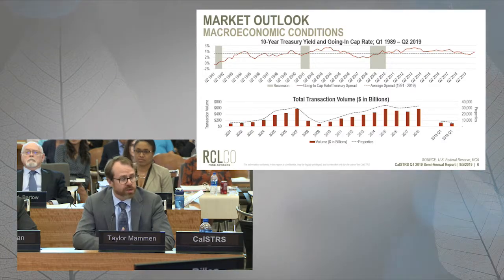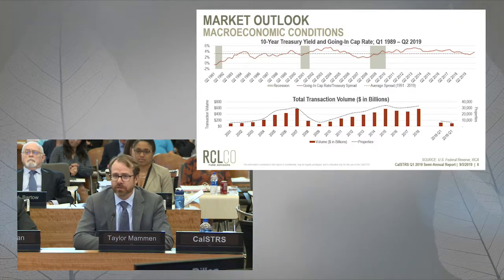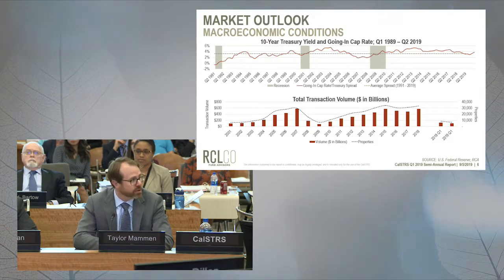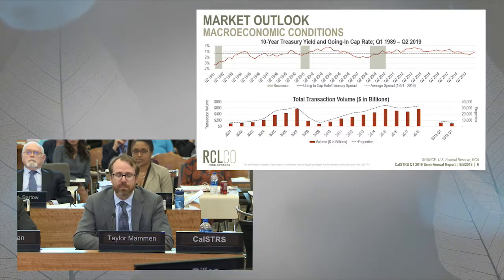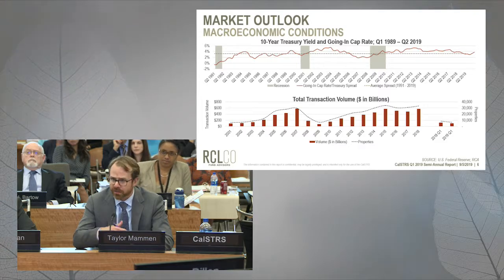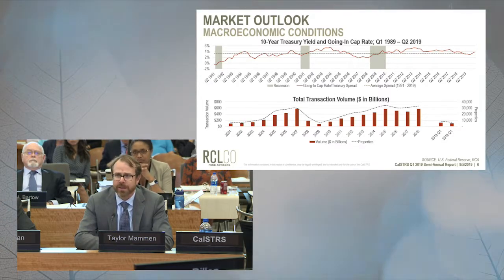In particular, over the last year, it has gotten more attractive. As you can see, the spread relative to Treasury, which is essentially considered the risk-free rate, has increased. It's now well above the average spread over the long term, which is continuing to lead to a lot of investor interest in real estate.